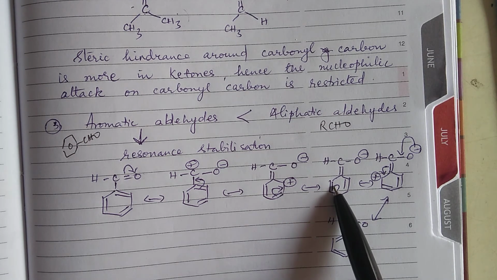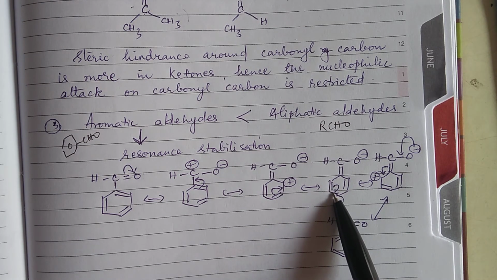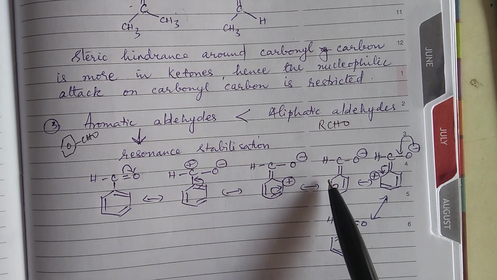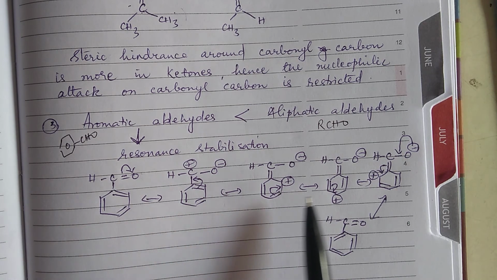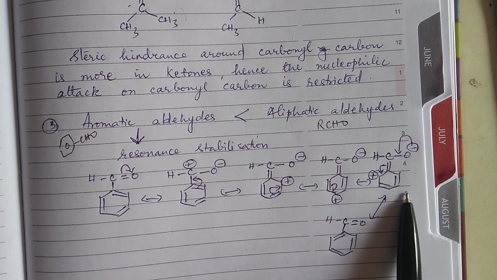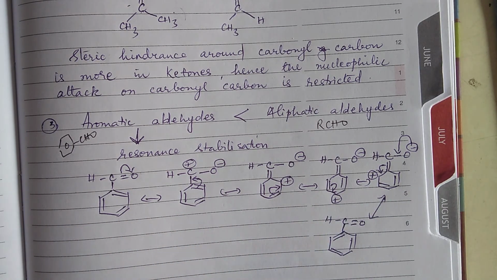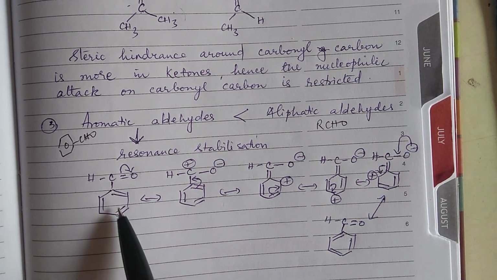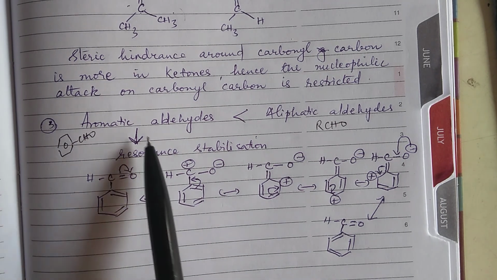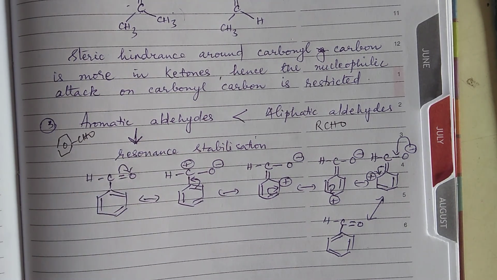And then with the next adjacent shift of an electron pair, the next ortho position will get a positive charge. So this is what you call resonance stabilization. The positive charge on carbon is basically getting neutralized due to resonance stabilization. That is why the reactivity of aromatic aldehydes is less.